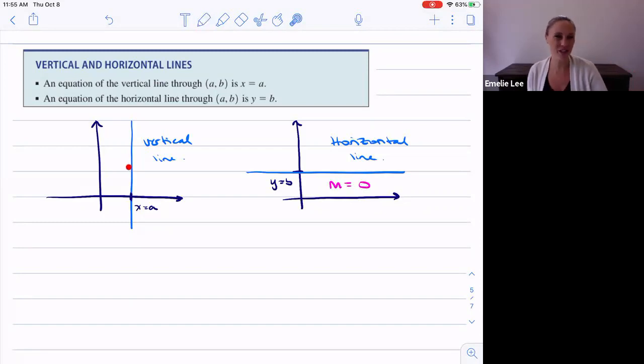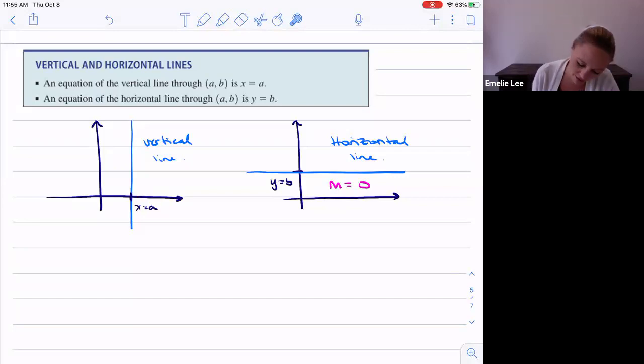Now, a little bit trickier if we think about a vertical line, because now there's no run. X equals a, and that's it. So there's no wiggle room on this line. Now the run, if the run is 0, then we're dividing by 0, which is not allowed, right? So that's illegal math, so we're not allowed to do that.